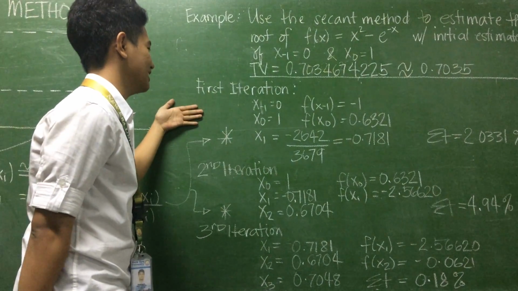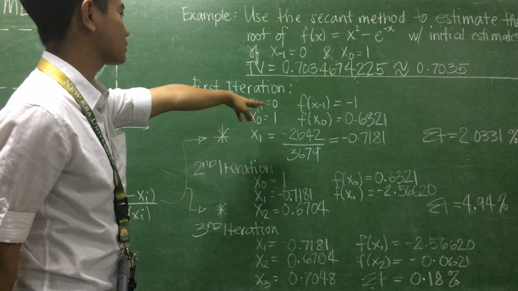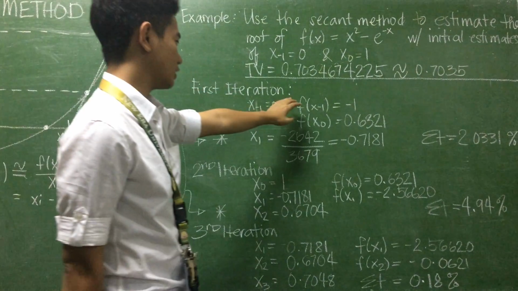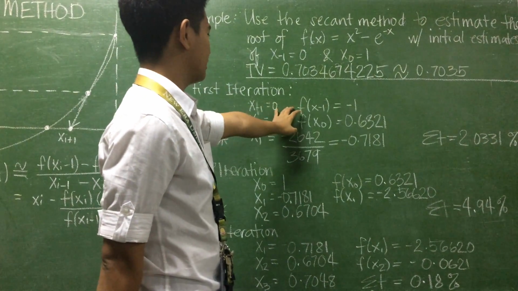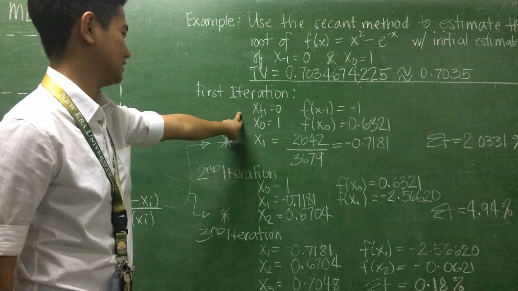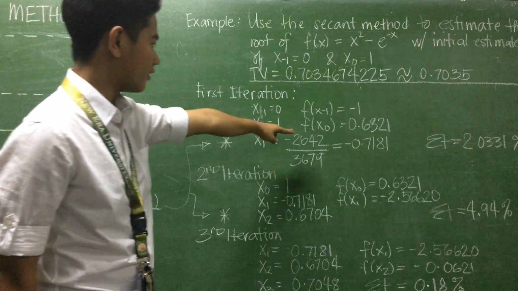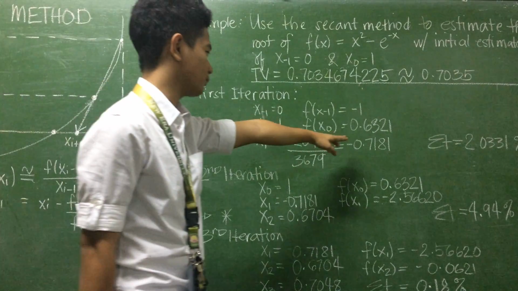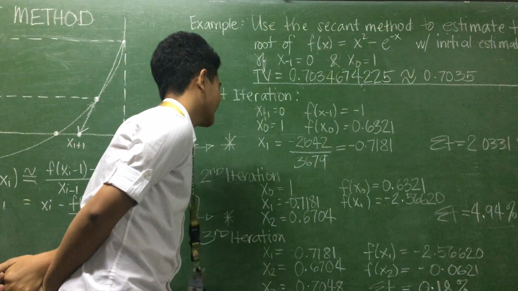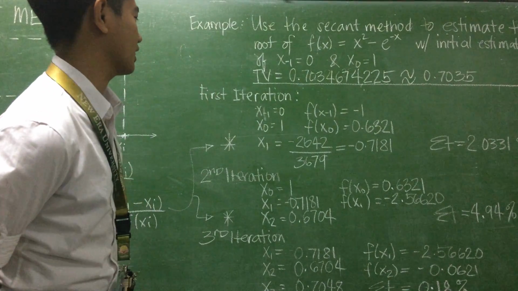For the first iteration, x sub negative 1 is equal to 0. If we substitute that in our equation, it will give us the value negative 1, and x naught, these are the two initial guesses, is equal to 1, and f of x naught is equal to 0.6321. Now we are getting the value of x1.